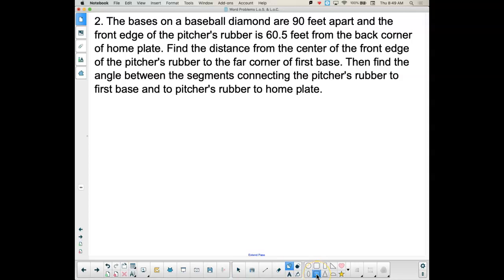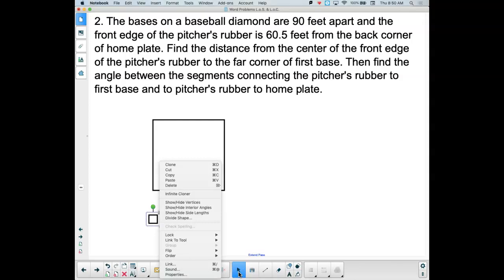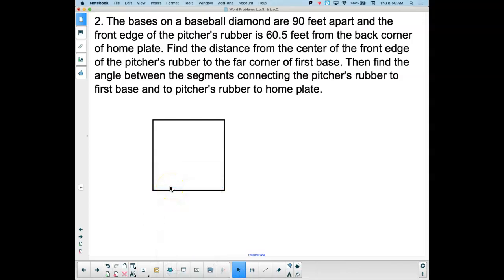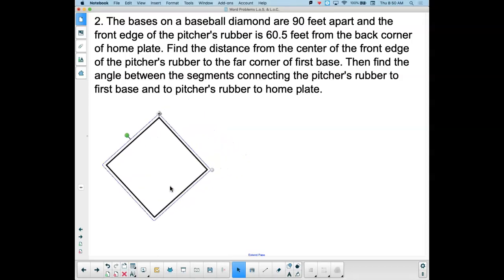So let me get out a square here. Oops, tap the brakes. Get rid of that one. Okay, I think I got it pretty close.